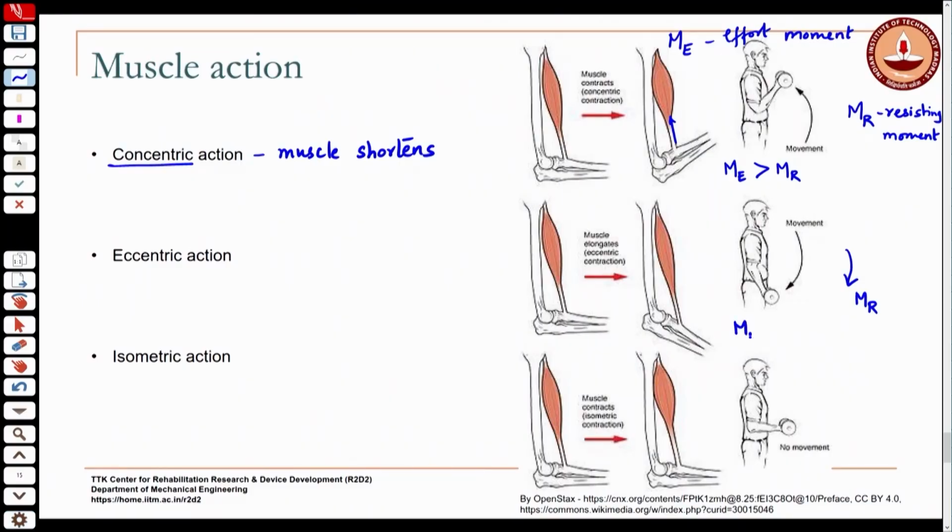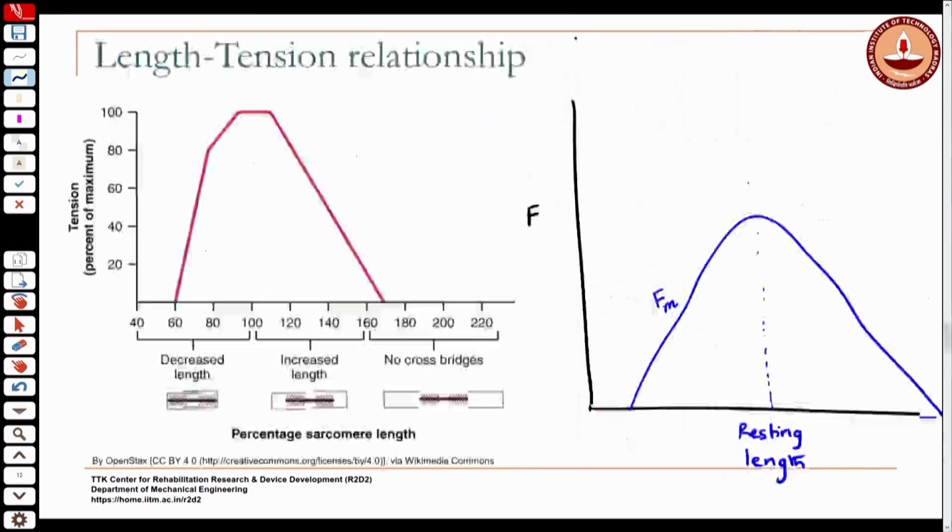But this muscle may actually exert tension, be activated as it is lengthening, to slow down the movement of the load. So, this kind of action where the muscle is lengthening, but it is still active, is called an eccentric action.